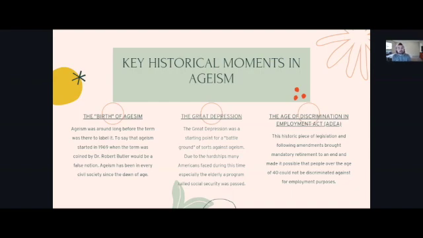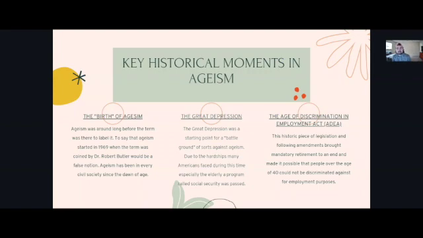However, to talk about Dr. Butler, because he is such an influential person inside of the ageism timeline, he was originally a psychiatrist by trade, but he was so passionate about the lack of care given to older individuals in society and the discrimination against them that he quit his daytime job and became at one point a Democratic nominee for president, solely on the platform to fight back against ageism.